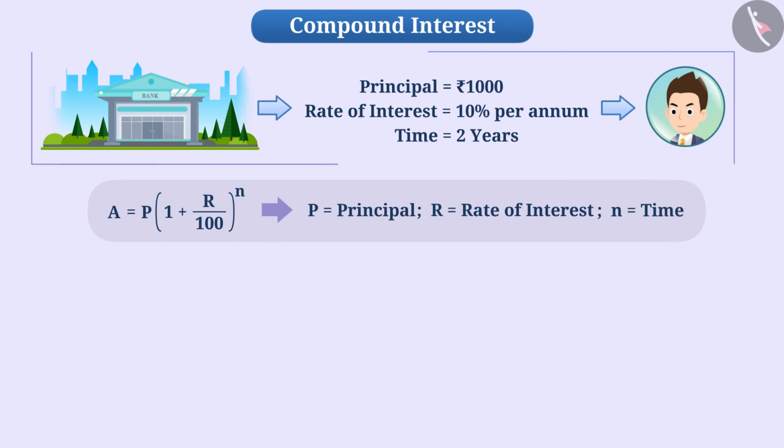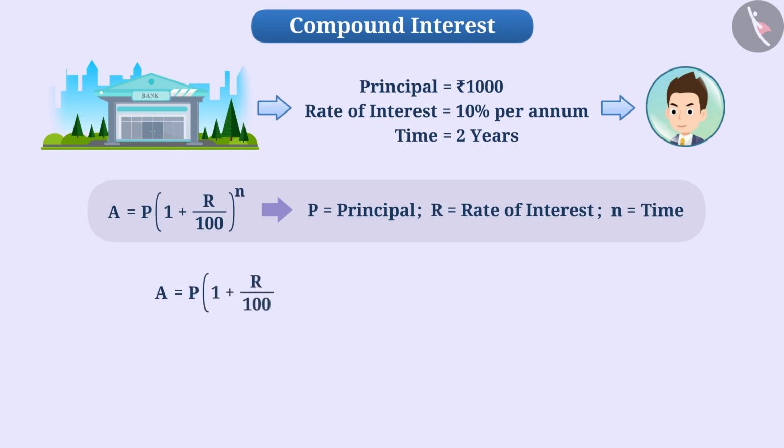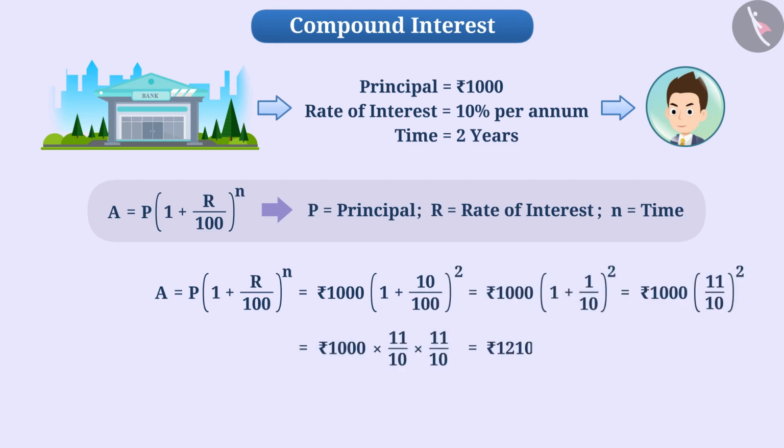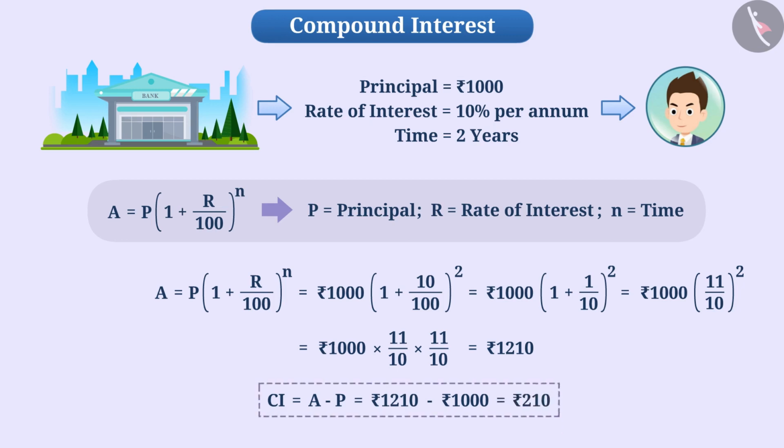From the given example, A is equal to P into bracket 1 plus R by 100 bracket raised to the power n is equal to rupees 1000 into bracket 1 plus 10 by 100 bracket raised to the power 2 is equal to rupees 1210, and CI is equal to A minus P is equal to rupees 1210 minus rupees 1000 is equal to rupees 210. We will learn about this formula in the next video.